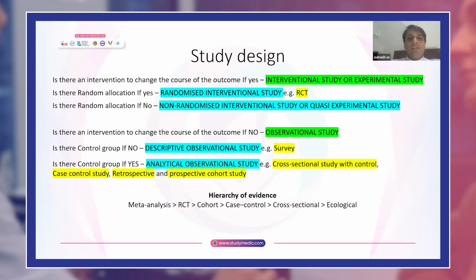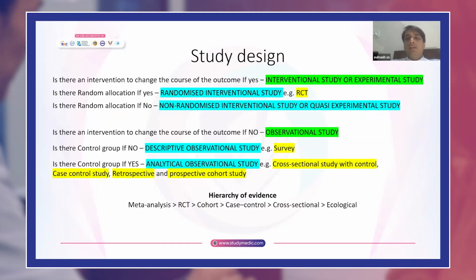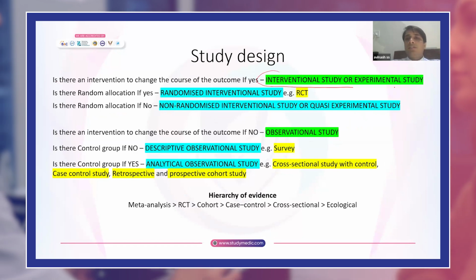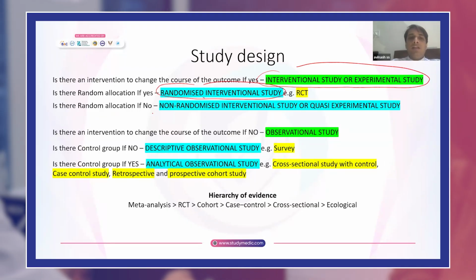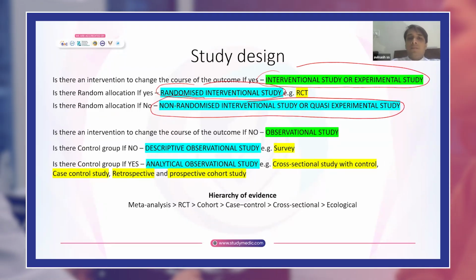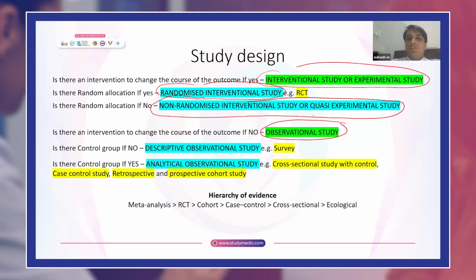So that is about the study design. This is the classification of the study design. You can see the examples here. Okay, if the intervention is there, it is called as interventional study design, and they are classified into randomized interventional and non-randomized quasi-experimental study design. If no intervention, it is called as observational study design.